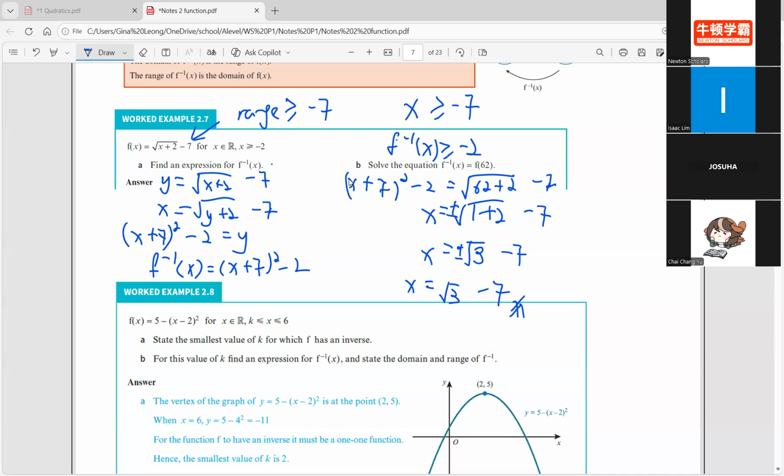We need to try to get the range and the domain for your fx. Any question?